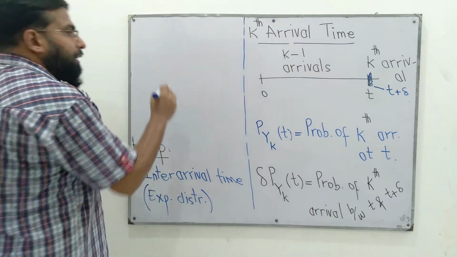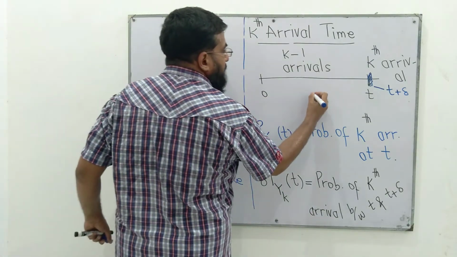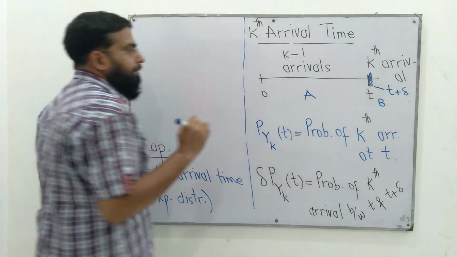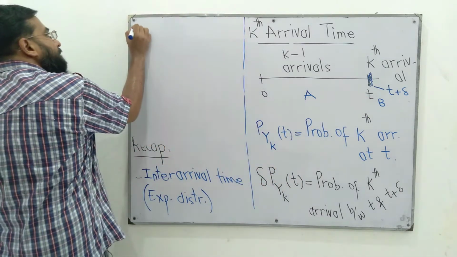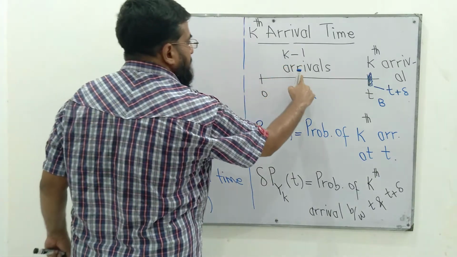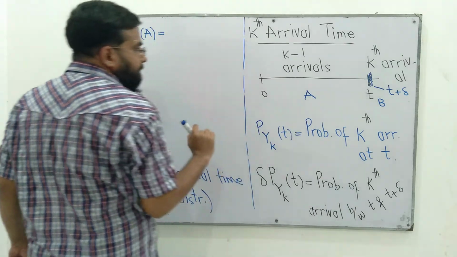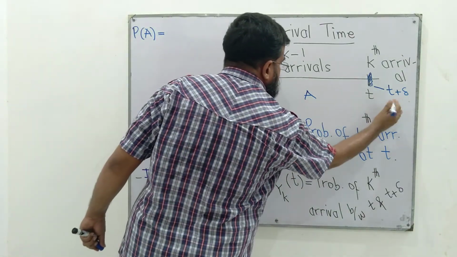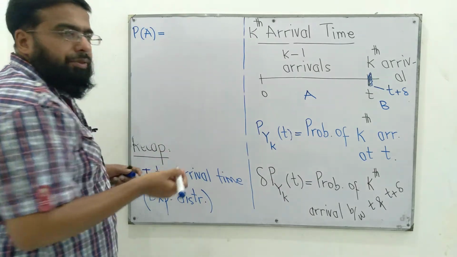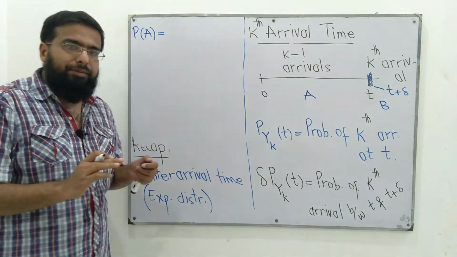So we can write this event as event A and this event as event B. The probability of event A, that exactly k minus 1 arrivals occur in time t, can be modeled using the Poisson process.